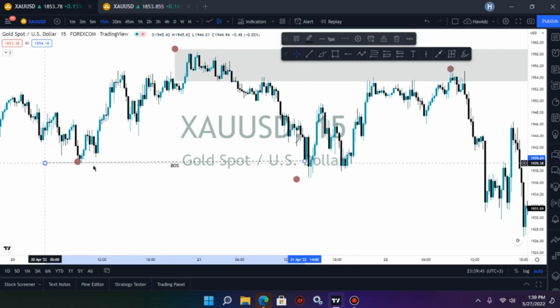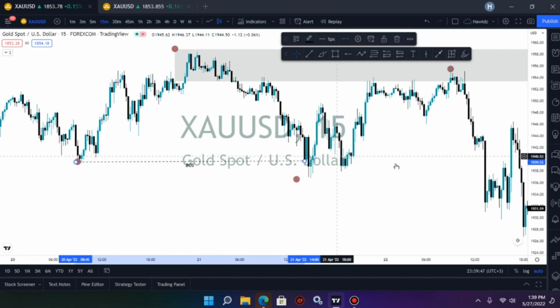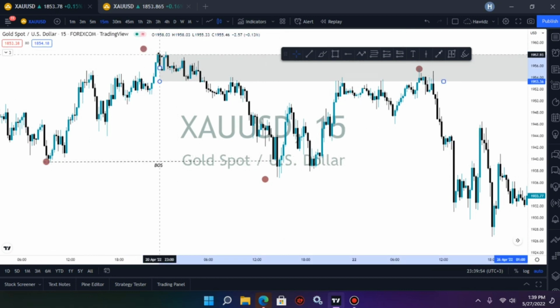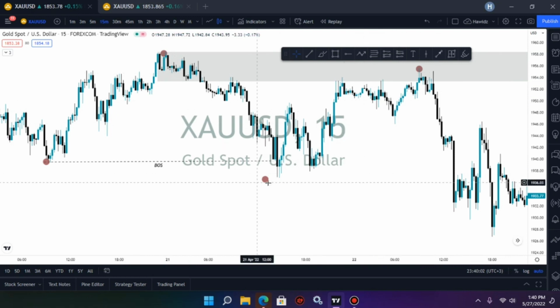After this break happened, if you look at this, we are following order flow, right? What looked like structure in the 4-hour is now basically order flow in the 15-minute.